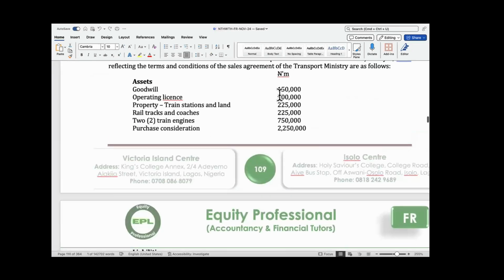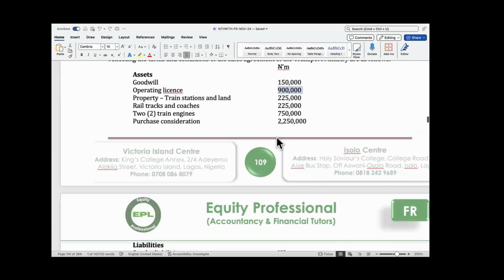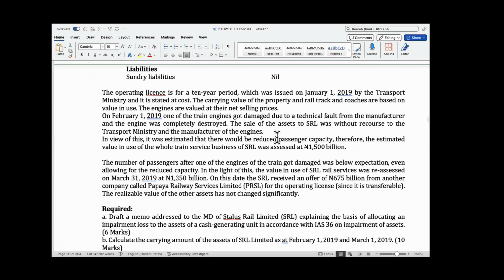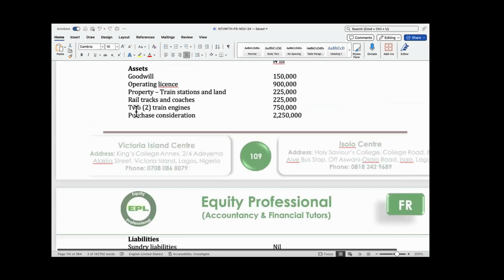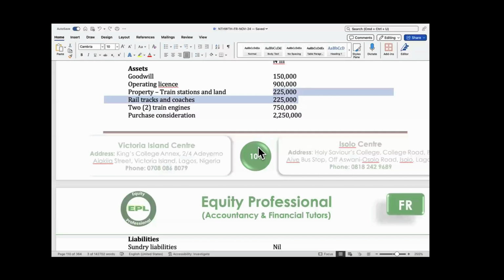So this is the cost of that license. Also, they said the carrying value of the property and rail track are based on their value in use, okay? Where is the property and rail track? Property and rail track, they said, is their value in use.